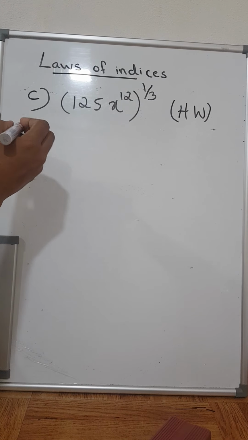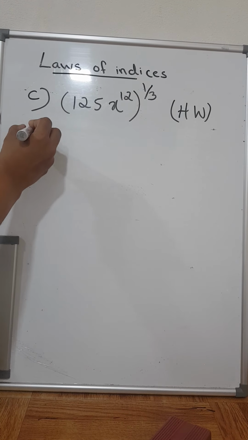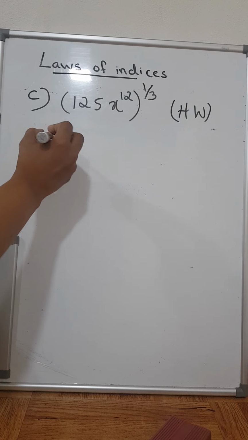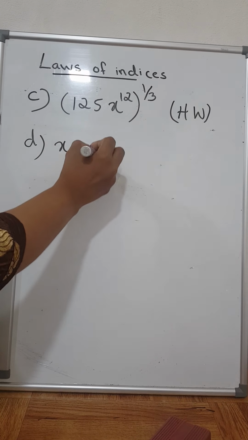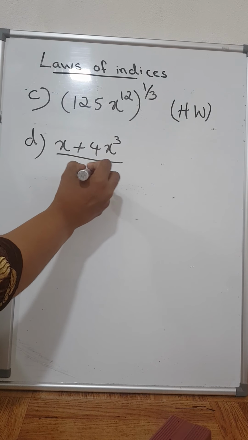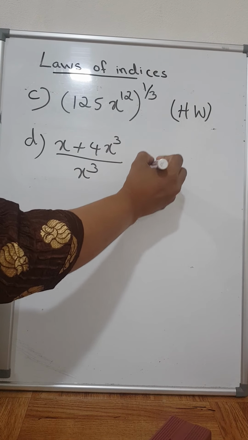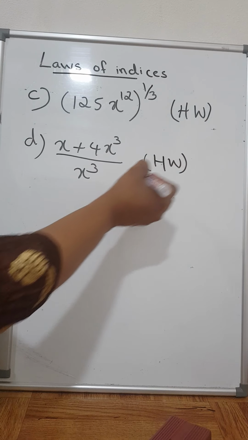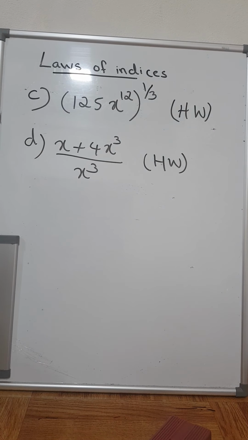Now I'll give you more homeworks. Question number D, x plus 4x cube divided by x cube. This one also you will be doing. So it's a homework for you.